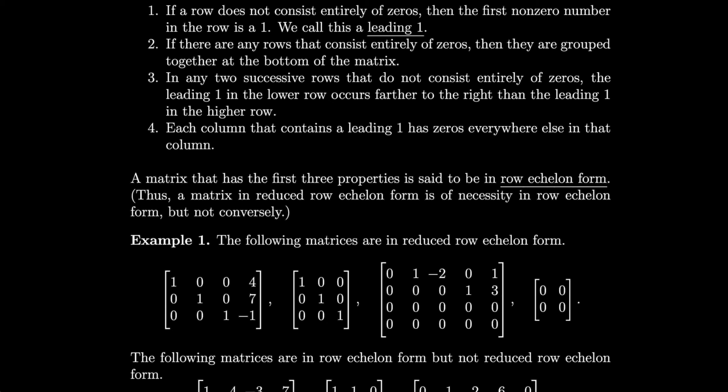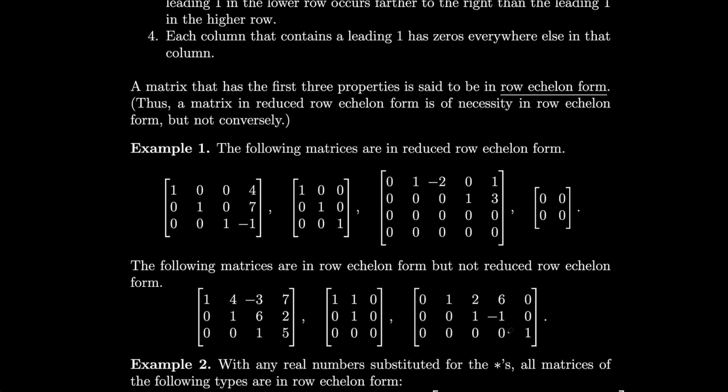They have successive rows that do not consist entirely of zeros, where the leading 1s are further to the right the farther down you go. And in each column that contains a leading 1, there are zeros everywhere else in that column. So notice all of these zeros over here, these zeros over here. The leading 1 is the only number in the column with the zeros.